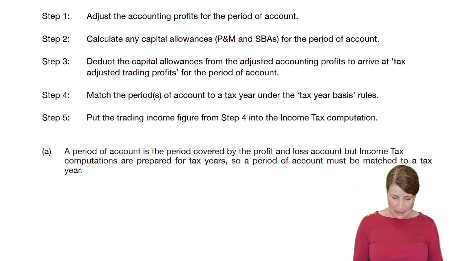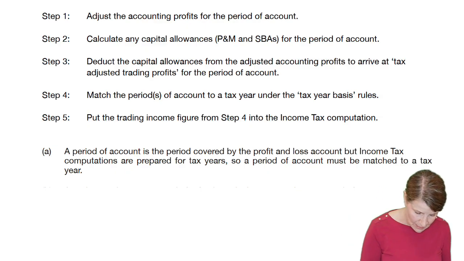Then you calculate any capital allowances, so plant and machinery and SBAs, once again, for the period of account. Now remember, of course, under the cash basis, the only capital allowances that you could possibly have would be on cars. Once you've calculated your capital allowances, you deduct it from your adjusted profit to arrive at your tax adjusted trading profit for a period of account.